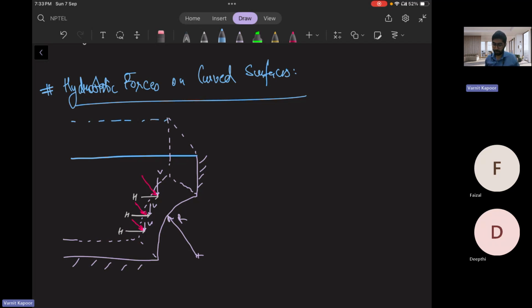So hydrostatic force here, how is it acting? Hydrostatic forces on curved surfaces are in different orientation.